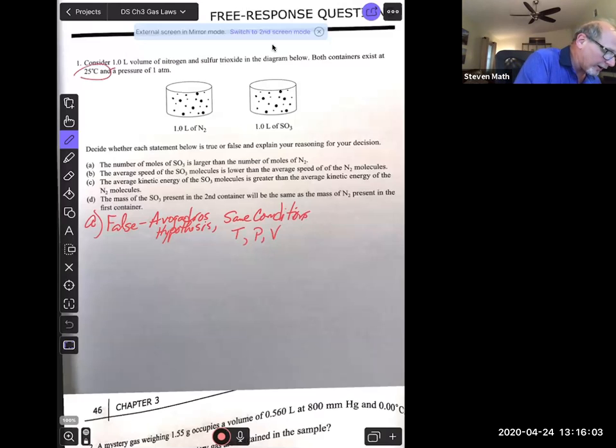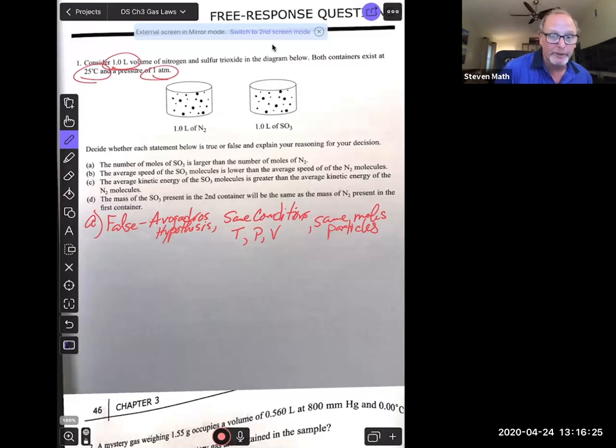Look, they're right there. Under the same conditions of temperature, pressure, and volume, we will have the same number of moles, the same number of particles. So if they're under the same conditions, the number of moles of SO3 is not going to be larger.